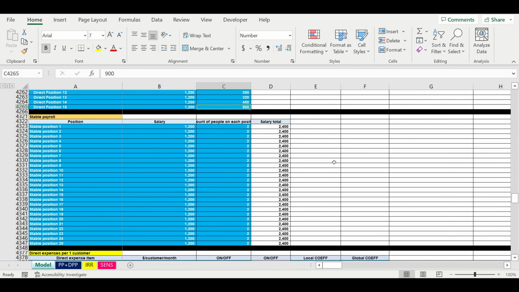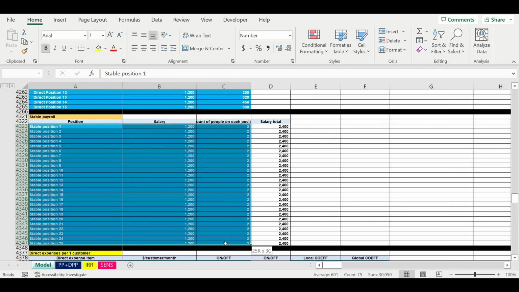Then we have another type of payroll which is stable, and this payroll doesn't grow or decrease if revenue increases or revenue decreases. So for example, this is like chief accountant, chief executive officer, office manager, and so on.